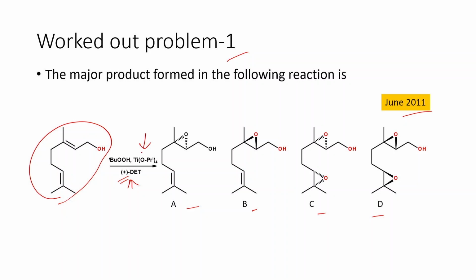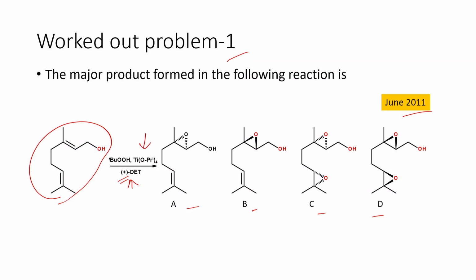If you look at the combination of these reagents, they are generally used for epoxidation of allylic alcohol. This is called the Sharpless reagent, and this is mainly used for the epoxidation of allylic alcohol.